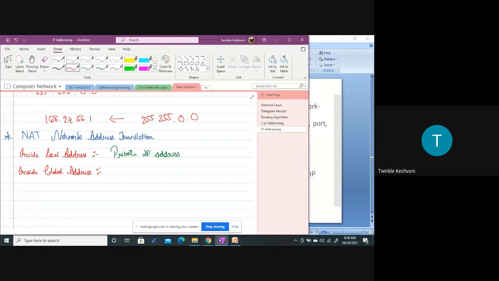Outside global address is the outside host as seen from the outside network, and it is the IP address of the outside destination host before the translation. Before translation, this IP address is used.